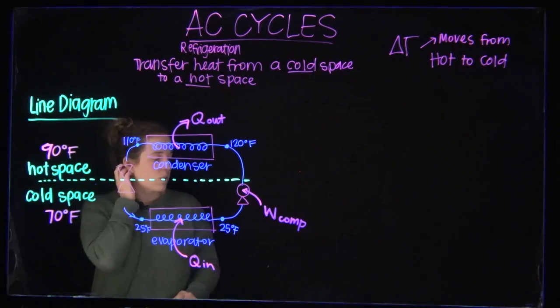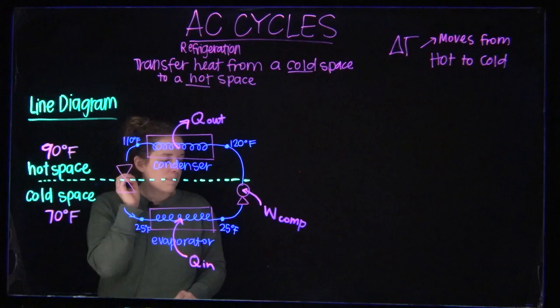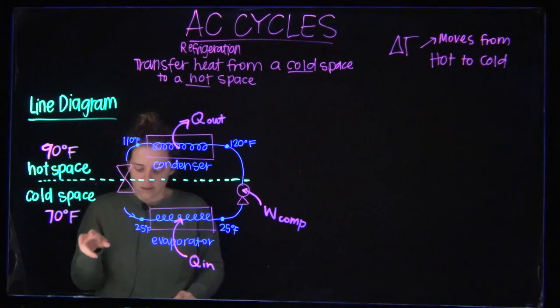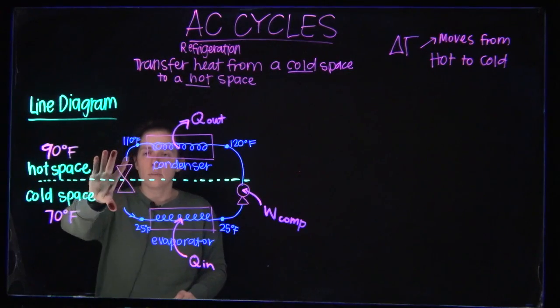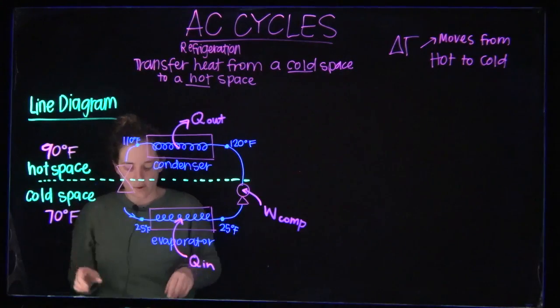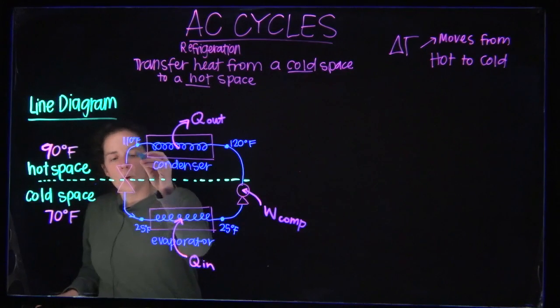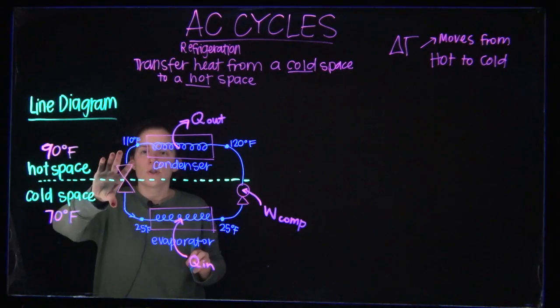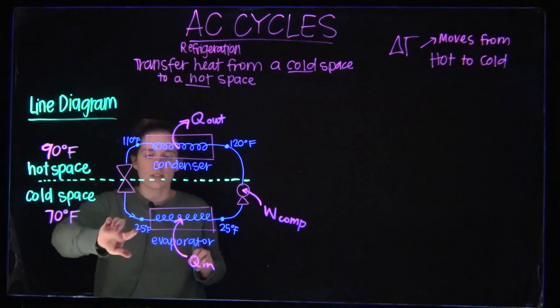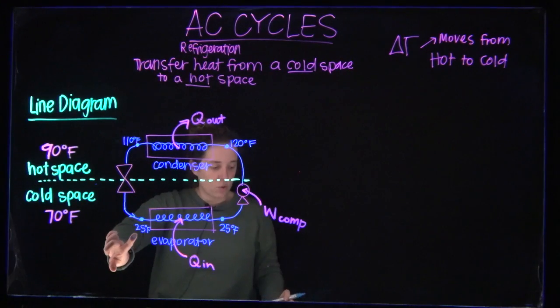It just puts it through a lot of head loss and releases pressure, which again, is the opposite of what happened in the compressor. We are able to lower the pressure, which lowers the temperature back down to 25 degrees.